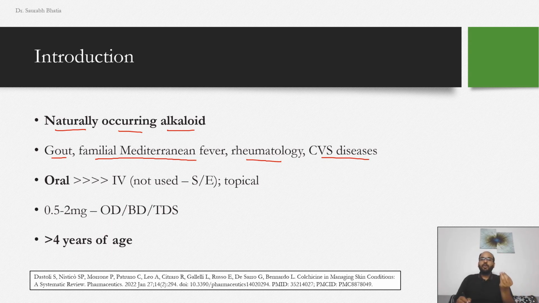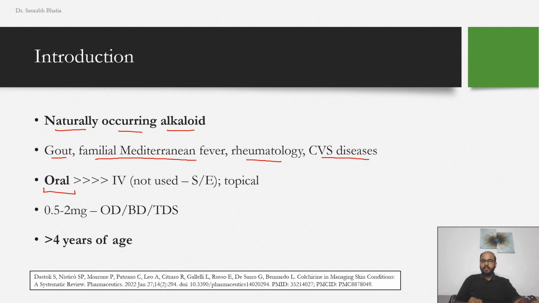So people taking very low quantity of colchicine for longer duration of time, nearly their entire life, have good cardiovascular outcomes. So that has been described. Like all other drugs in dermatology, we take this drug from rheumatology and cardiovascular sciences and use it in our dermatoses.